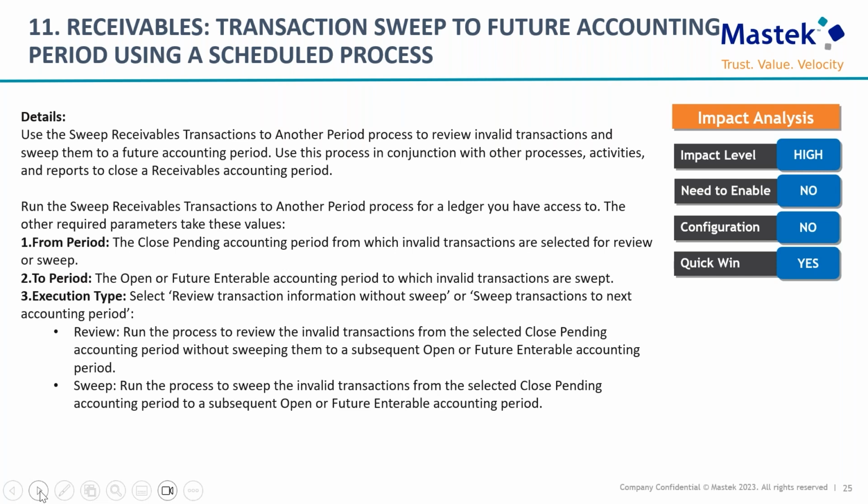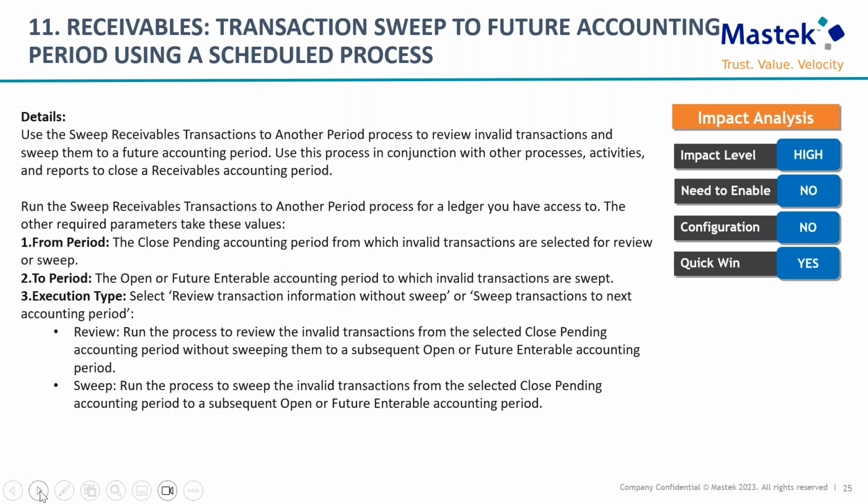The process can be run for a single ledger with other relevant parameters like from date or to date. And we can see another parameter, which is the execution time parameter, which has two options. The first one is to review transactions information without sweep.